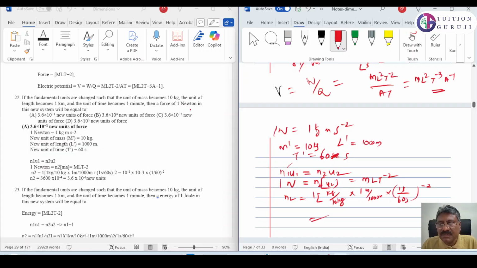So what we will get: 10 raised to minus 1, kilogram cancels, meter gives 10 raised to minus 3, meter cancels, then 1 by 60 raised to minus 2 means 60 square.